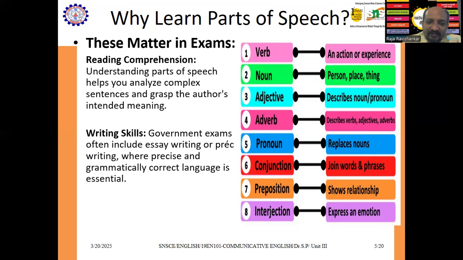Maybe to put it in a simple way, the way I teach these things is, I normally say a verb means action. That's all. Noun means name. Adjective means I simply add one more word, something more about a noun. Adverb means something more about a verb. Pronoun means something which indicates a noun. That's the way I use him, he.